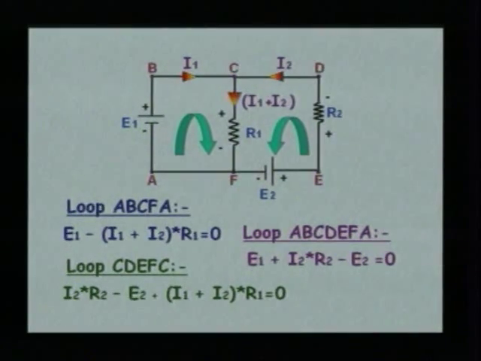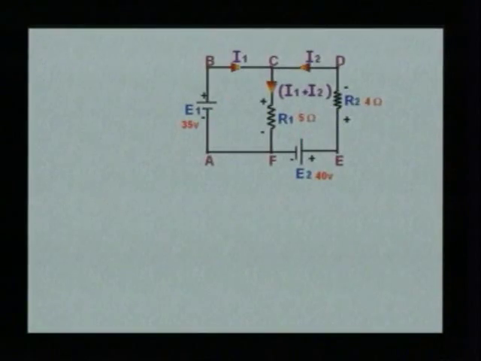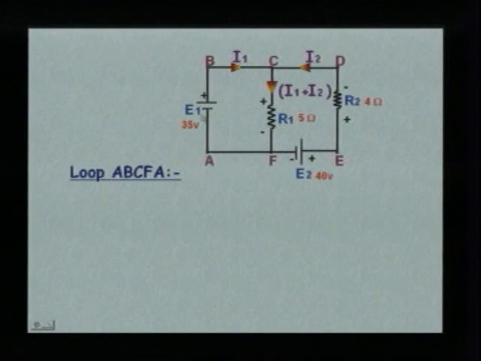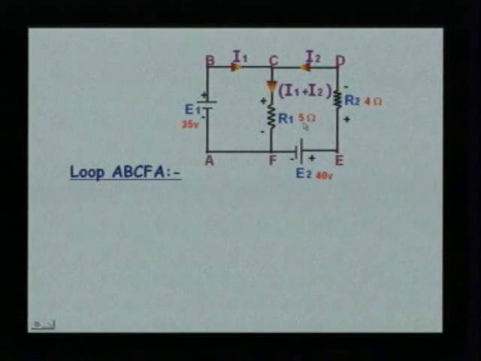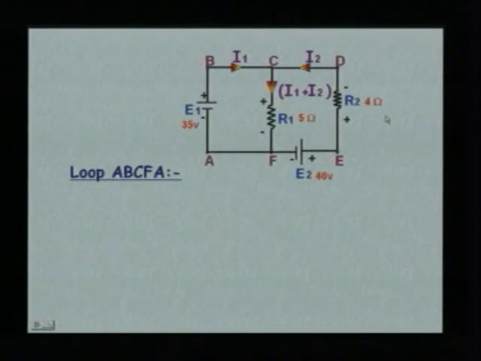Now, let us solve one problem based upon the same equations and the circuit. Consider the circuit where E1 is 35 volts, E2 is 40 volts, R1 is 5 ohms, and R2 is 4 ohms. We are supposed to find out the currents I1 and I2.